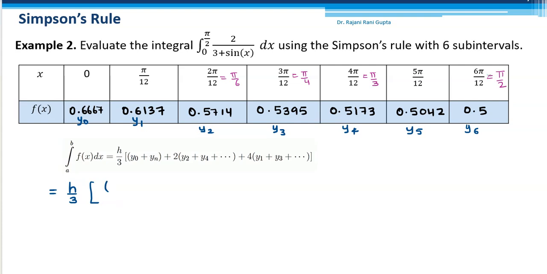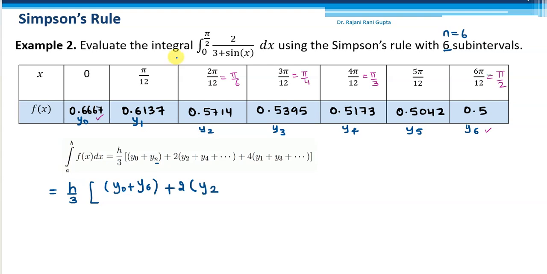The rule says y0 plus yn. n is 6. So y0 plus y6 plus. So y0 gone, y6 gone. Then 2 times the even points. So if you start with even points, what do you have?